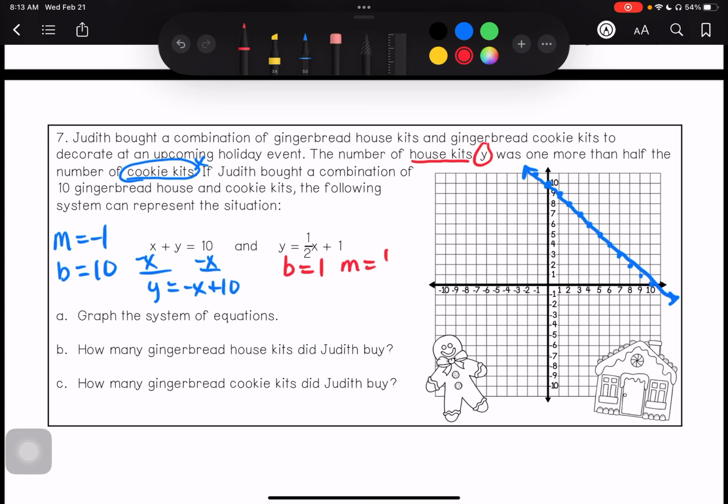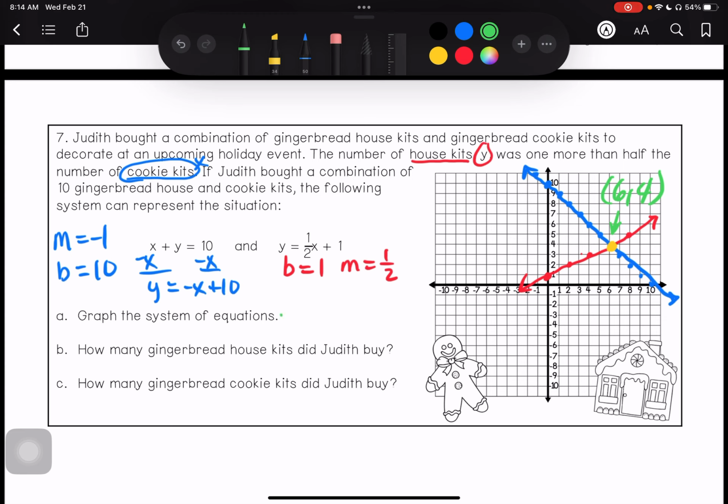My slope is 1/2. So graph your y-intercept and rise 1 to the right 2, and draw your line. So my point of intersection is the point 6, 4.